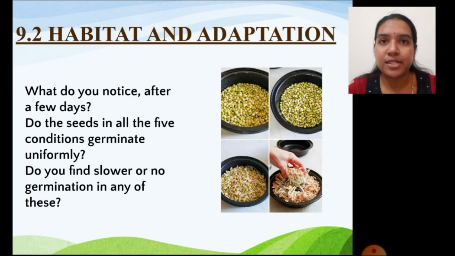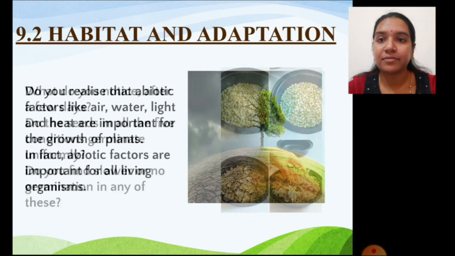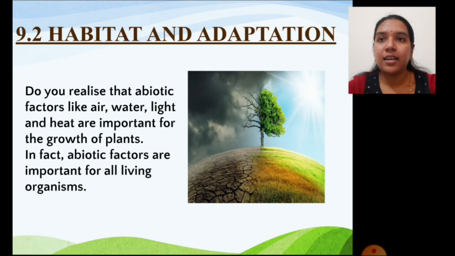Perform this activity at home and record your observations clearly. There will definitely be a difference in the rate of germination in the 4 different parts of the soaked seeds. During the observation, you will definitely see a difference.